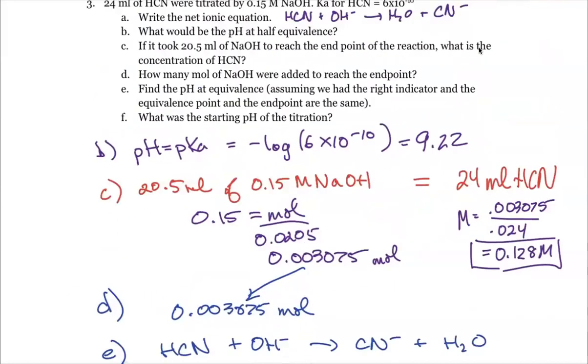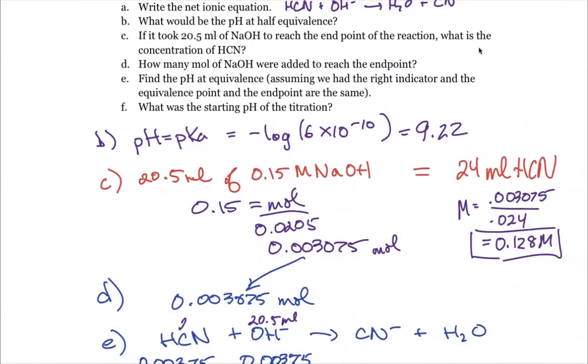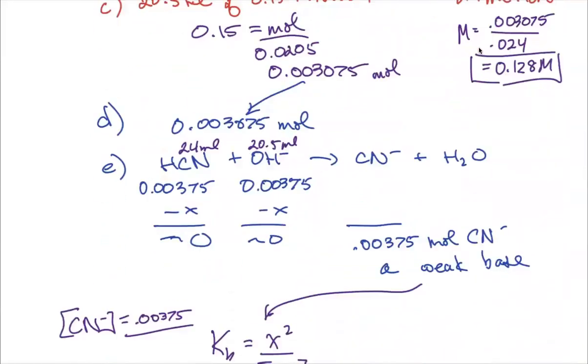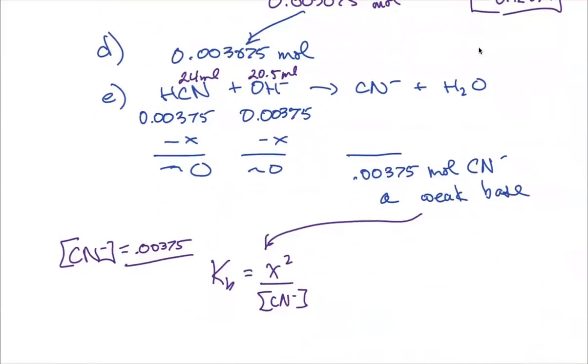I've got to back up here. We had 20.5 mLs of that, 24 milliliters of that. So that looks like 44.5 milliliters total. So 0.00375 divided by 0.0445 liters gives me 0.084 molar.